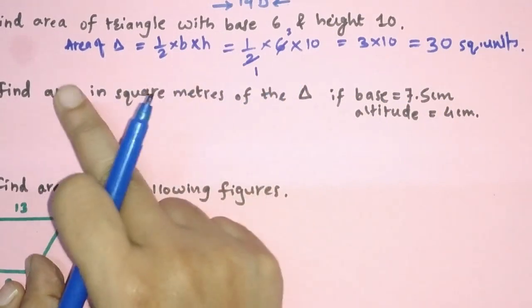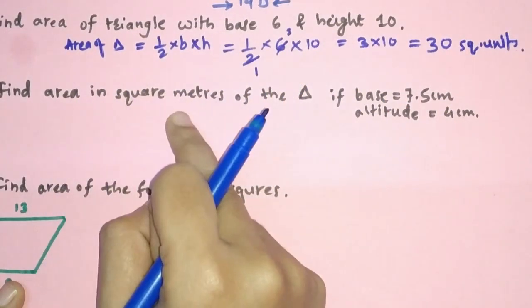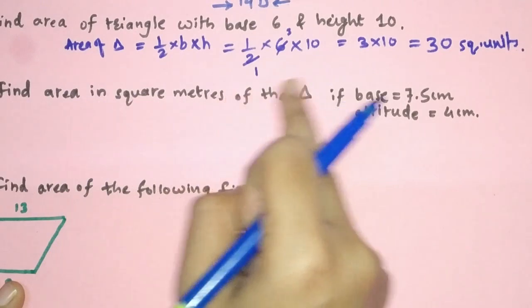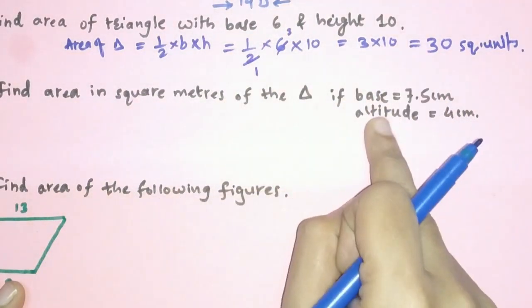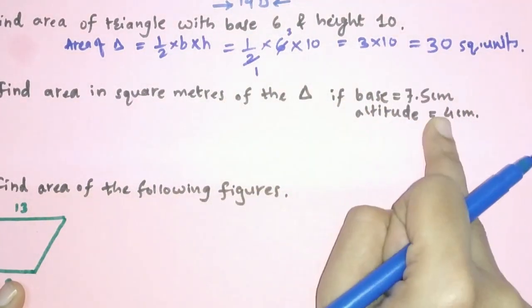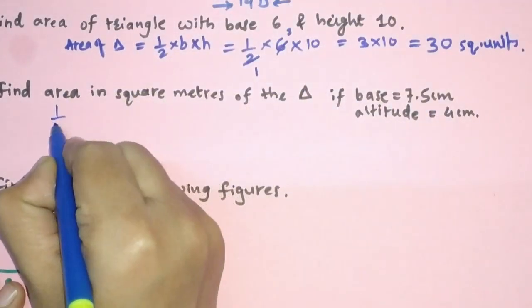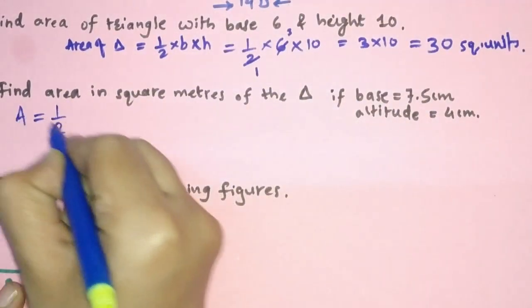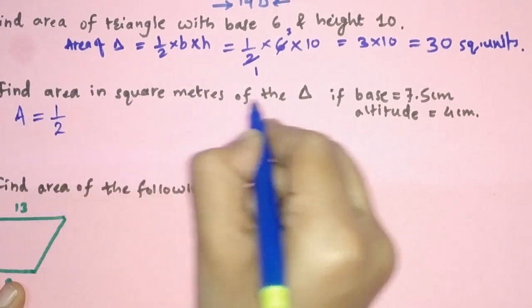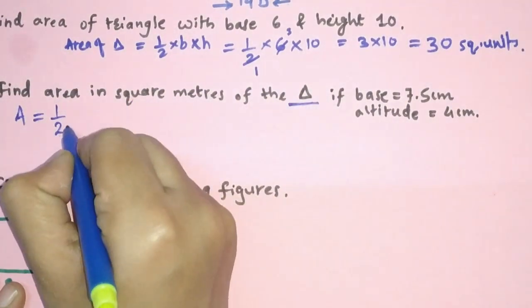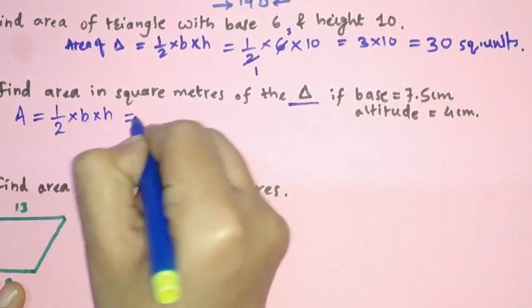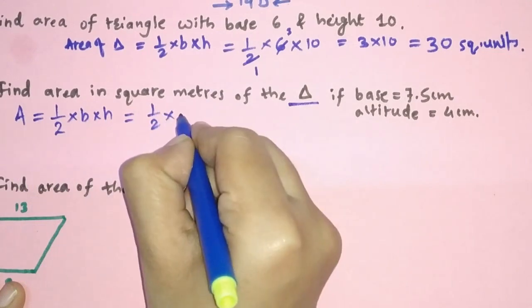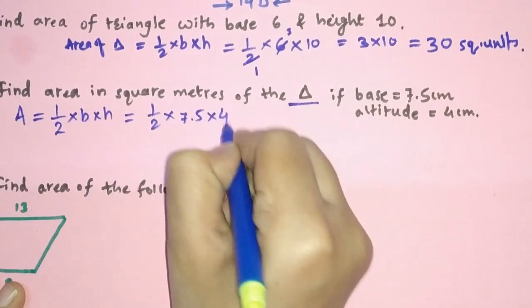Now the next question is: find the area in square meters of the triangle if the base is 7.5 centimeters and the altitude, or you can say height, is 4 centimeters. So again we'll write down the formula. Area of a triangle, remember, we are finding the triangle, is 1 by 2 base into height. Base is 7.5, height is 4.